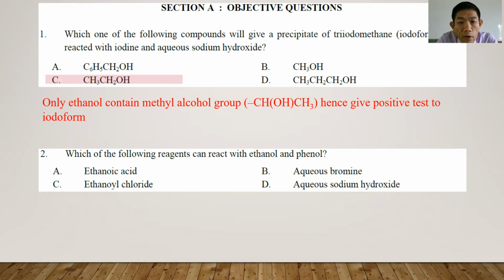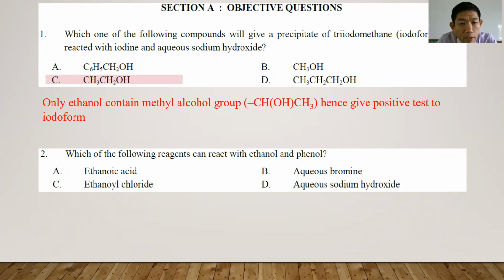Number 2, which of the following reagents can react with both ethanol and phenol? Ethanoic acid can react with ethanol, and phenol can still react, but it is not the best substance to react with, so we do not consider A as the best answer. As for B, aqueous bromine, ethanol cannot react with bromine, but phenol can.